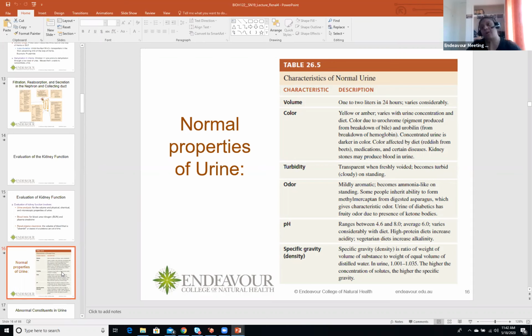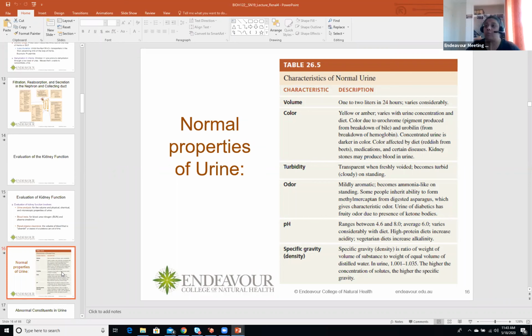Okay. Color of a normal urine is light yellow, not very concentrated, not very diluted. So light yellow or amber color. If there is a concentrated urine, it will be darker in color, so it will be golden yellow or dark yellow color. If it is very diluted, it will be clear, colorless. Okay. Turbidity. Urine generally is transparent, because it doesn't have any protein in it, right? 100% of protein is reabsorbed into the blood, so it doesn't lose any protein in urine.